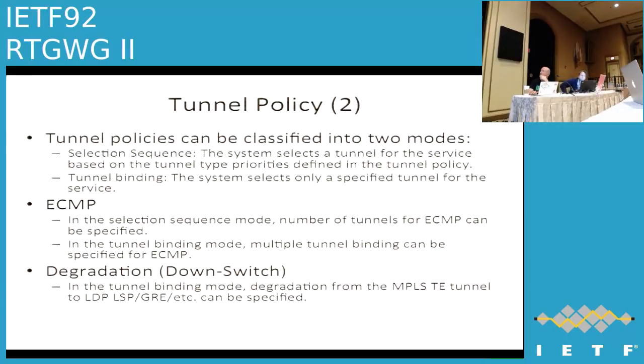This means in the tunnel policy we define the priority for the different tunnels that can be selected for the service. One type of tunnel with a higher priority can be chosen firstly, and the tunnel with the lower priority will be chosen at the last.